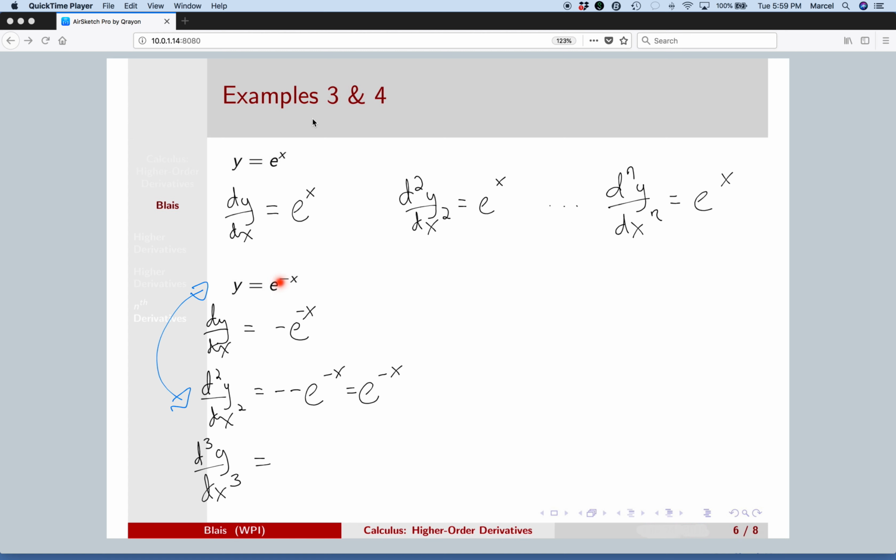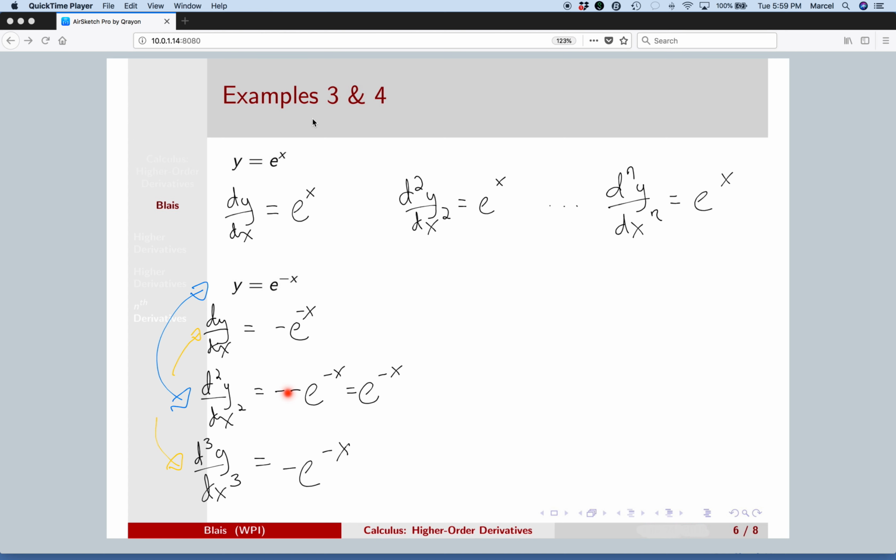We'll get the same answer as when we did it here, and so we get minus e to the minus x. And again, note, this third derivative matched the first derivative.